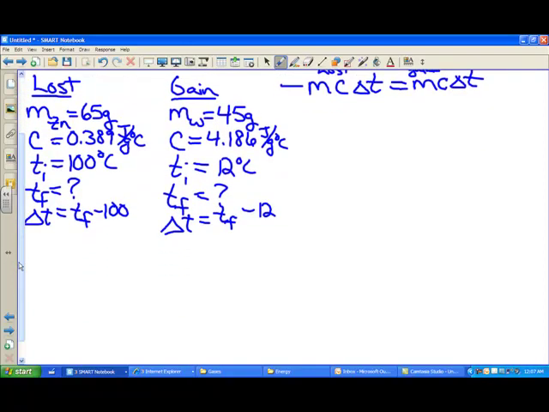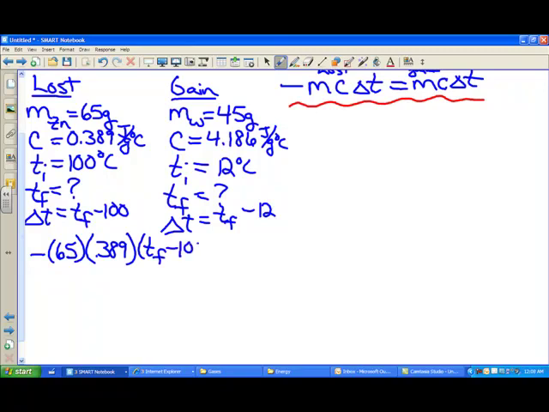I'm going to take that given information and substitute it into that equation. So I'm going to start with the mass of the metal, which will be minus 65. Remember, we're going to drop units here because that will just make our life a lot easier. It's then times 0.389 times T final minus 100.